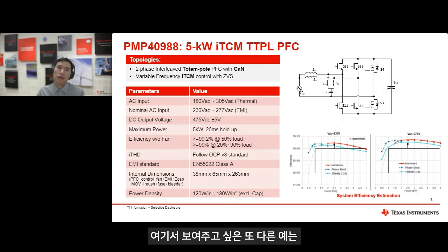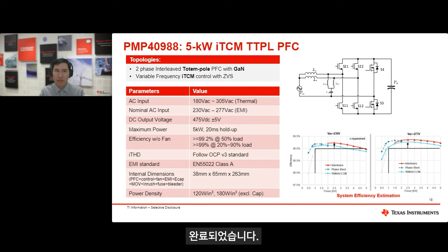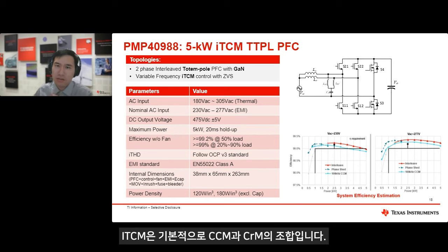Another example I want to show here is a different topology, a different variation of totem-pole PFC. This is ITCM. We have a reference design done on that, PMP49888. So this 5 kilowatt, what is ITCM? ITCM is basically a combination of CCM and CRM operation.